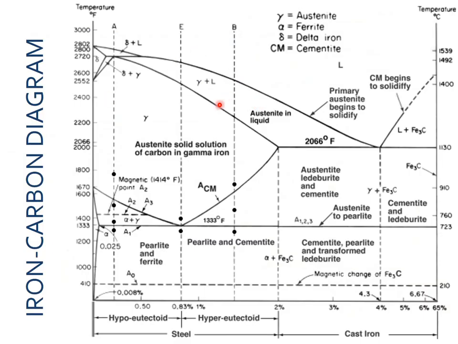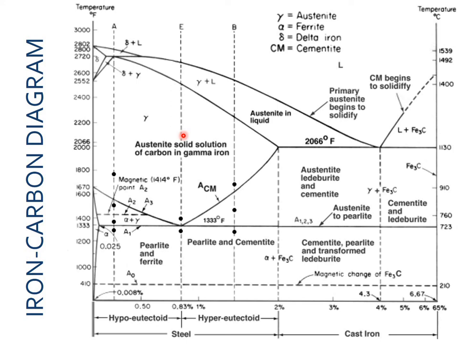Okay. So from this diagram, you can see that we have three phases of iron: one is ferrite, which is alpha, one is austenite, which is the gamma phase, and one is the delta phase. The delta phase has BCC structure, which is body centered cubic. The gamma austenitic phase has the FCC structure, and the alpha ferrite has BCC structure as well.